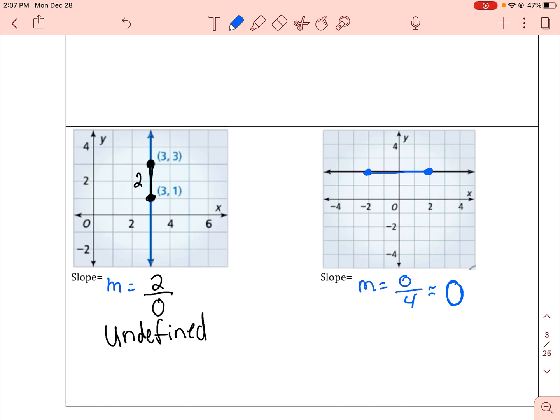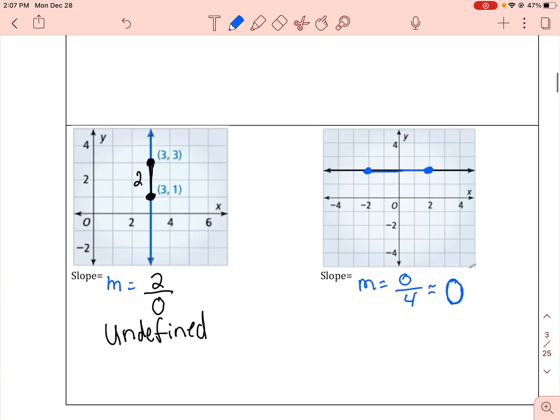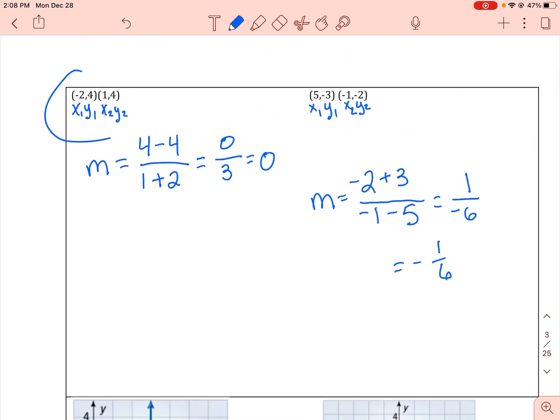So here, whenever we have a horizontal line, slope will always be 0. So as you can see, when 0 is on the bottom or in my denominator, my slope will be undefined. When 0 is in my numerator, like we saw there and here, my slope will always be 0.